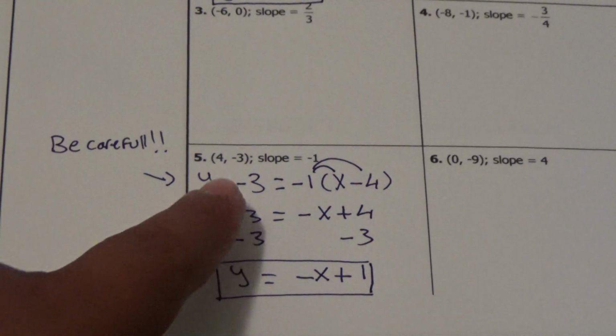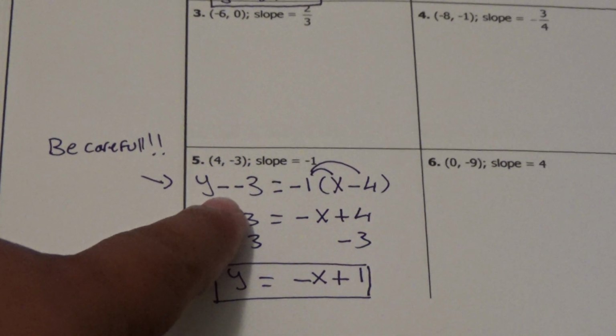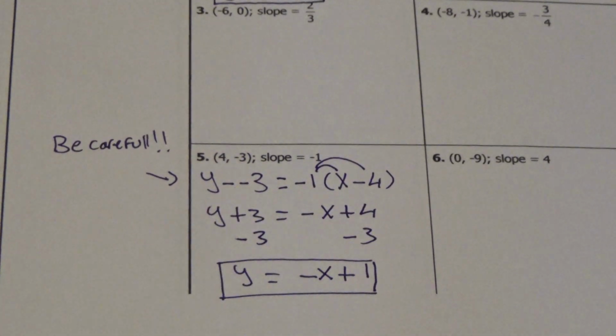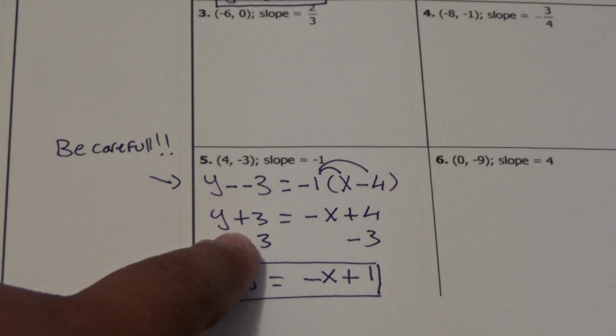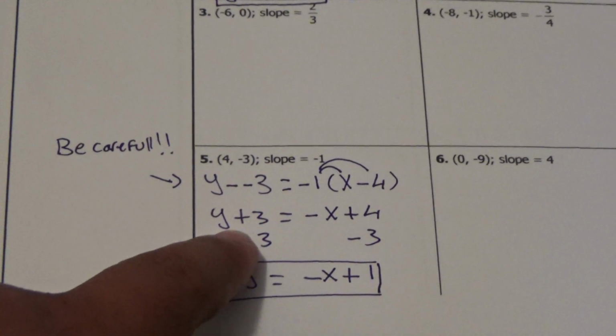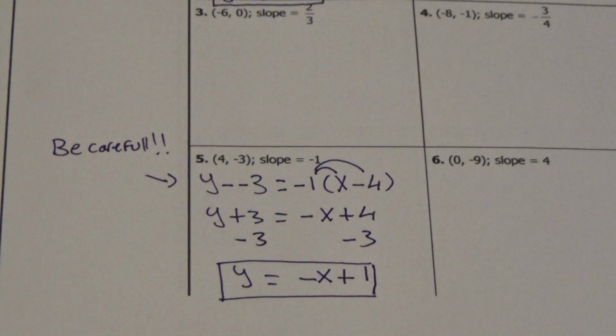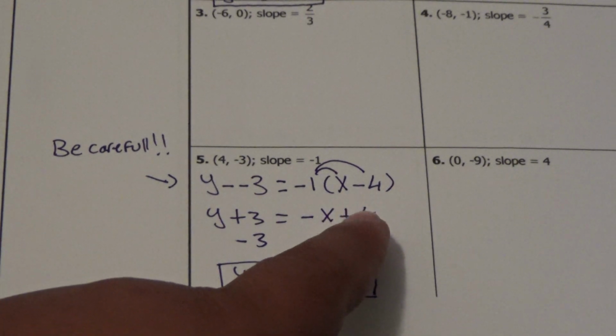So we have y minus, well, our y1 actually is a -3, so we have y minus a -3. Be careful, we struggled with that before. It becomes a plus, right? y plus 3. And on the right side, my slope is -1.